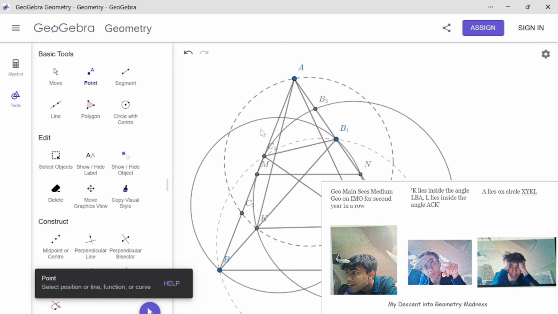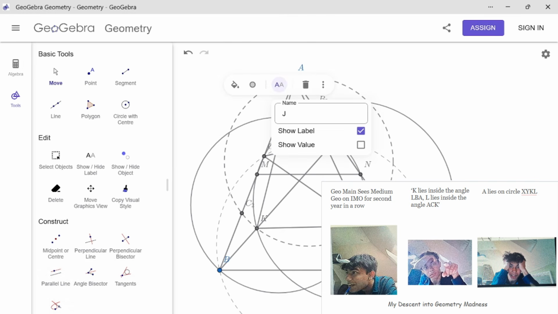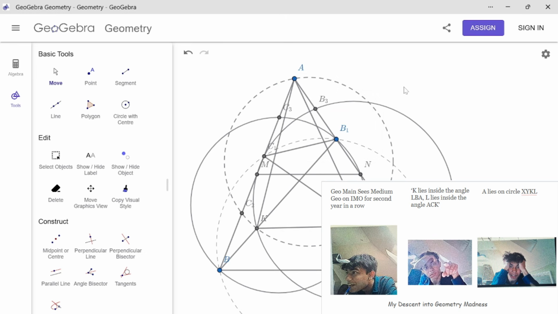What if I put C3 here? Because of power of a point, we know that AC3 times AB. We know C3 is the midpoint as well, midpoint of AC1 and AB1.